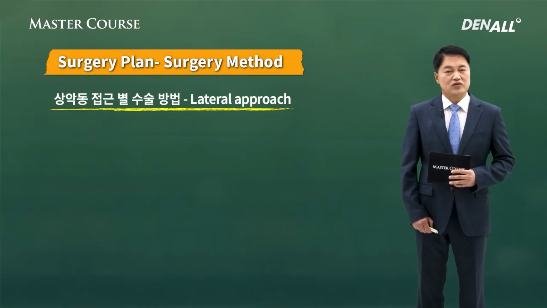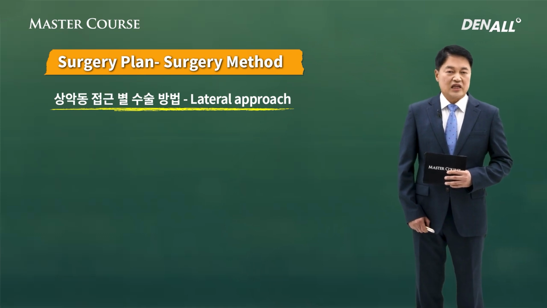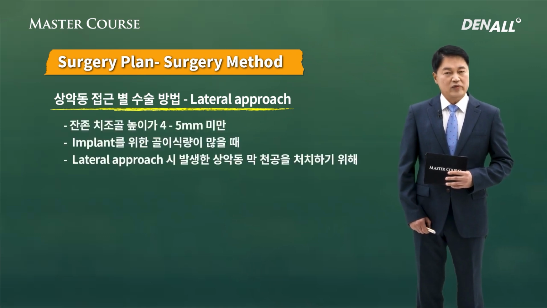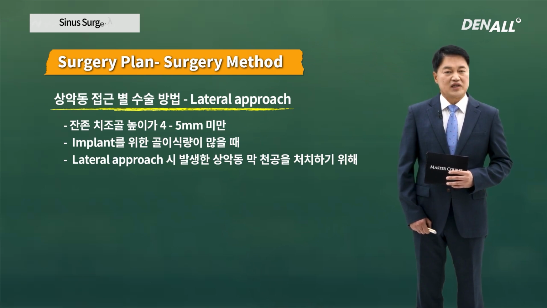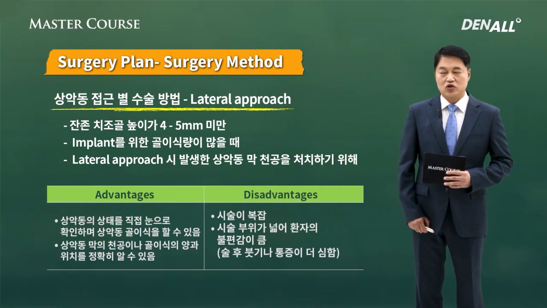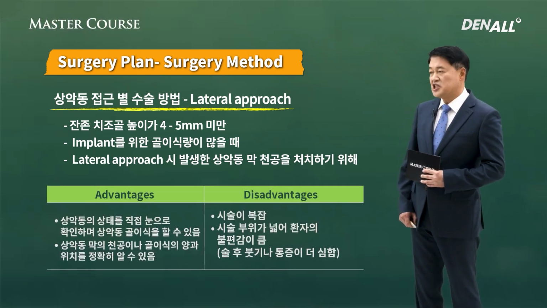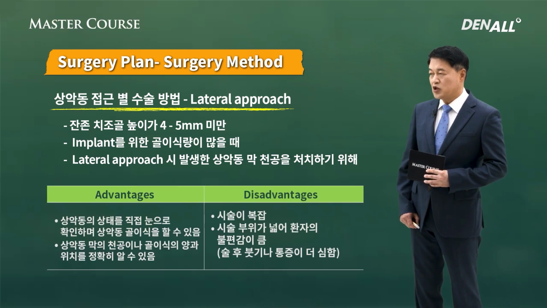Let's look at lateral approach. Lateral approach is used when the residual bone is less than 4 to 5 millimeter and if there is requirement for a lot of bone graft. This can also be done to treat perforation of the Schneiderian membrane. Advantages include you can see directly the state of the sinus and do bone graft.